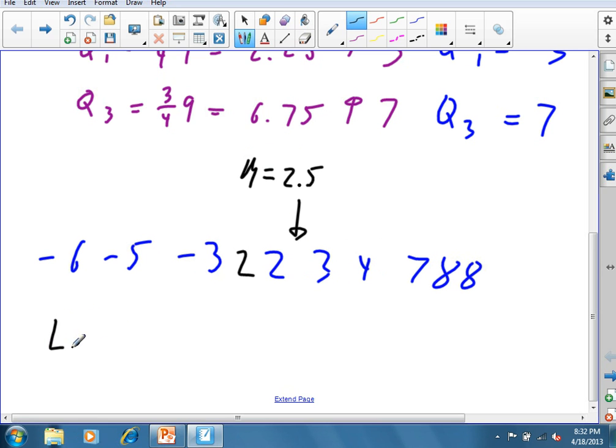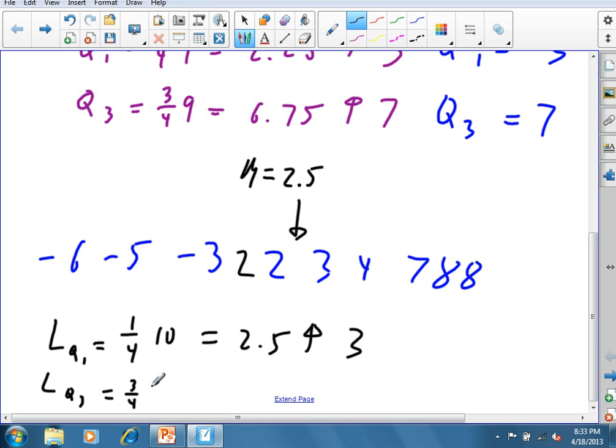The location of the first quartile is going to be 1/4 of, well, there are 10 of them. 1/4 of 10, also known as 2.5, which I'm going to round up to 3. The third quartile is at 75% of 10, also known as 7.5.